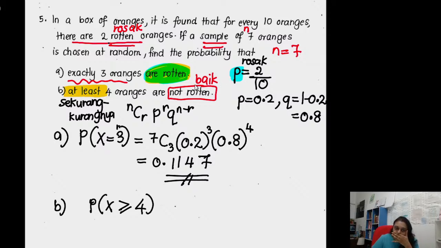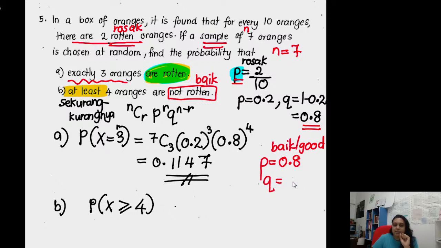So now you cannot use this P already because that P is for rosak. You now need to change the P. Kena tukar P kita. P kita take the good one. Good one is 0.8. So P you write 0.8. The good oranges.